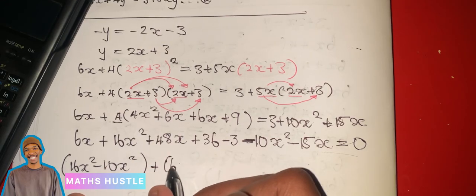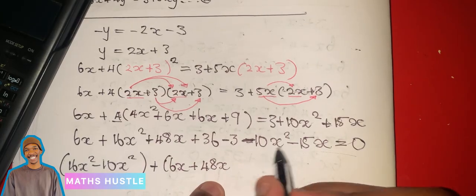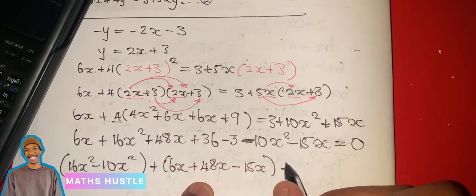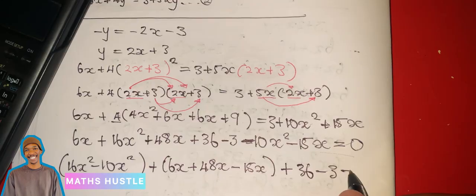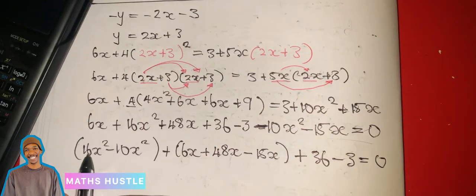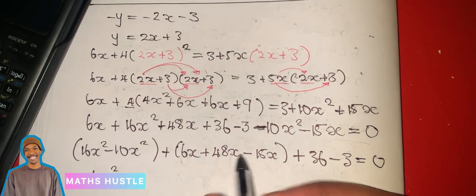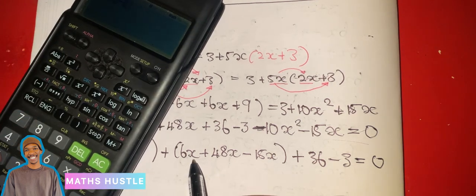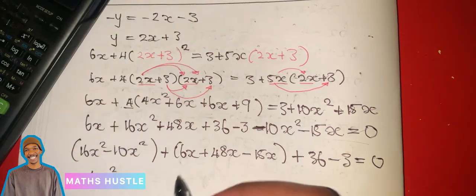6x, you have 48x, and you have minus 15x. Lastly, you have 36 minus 3 equals 0. 16 minus 10 is 6x squared. 6 plus 48 minus 15 is 39.